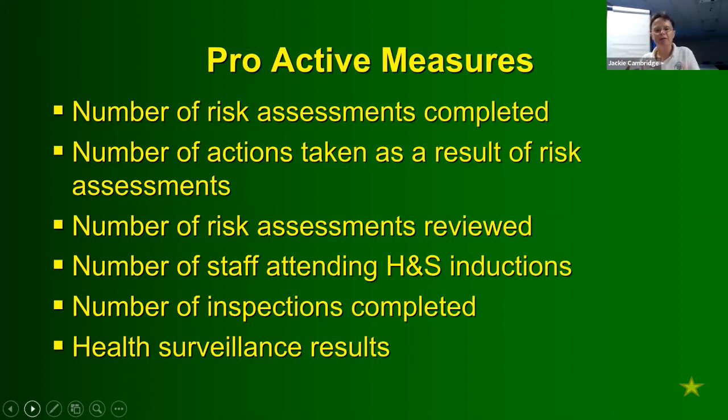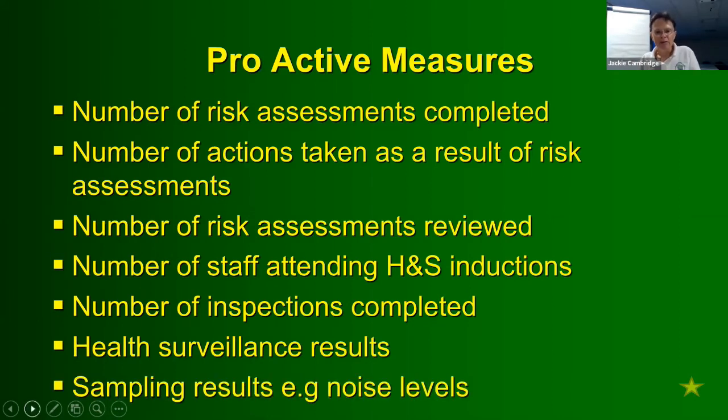We're looking for things before they've caused a problem. Doing a noise survey or a dust survey and getting the noise level or the dust level, we're going out and trying to find the issue before it's actually caused a problem. But each one of those has got to be a measure, a number, a percentage.